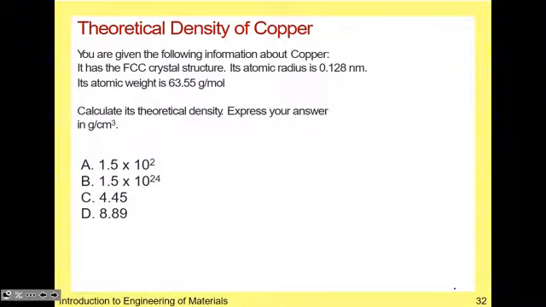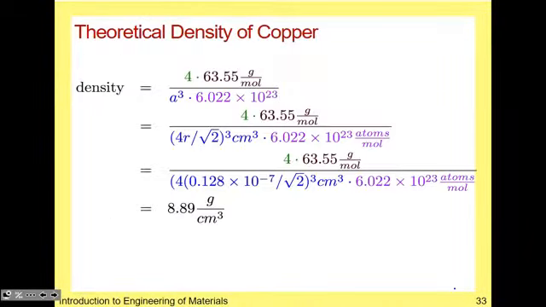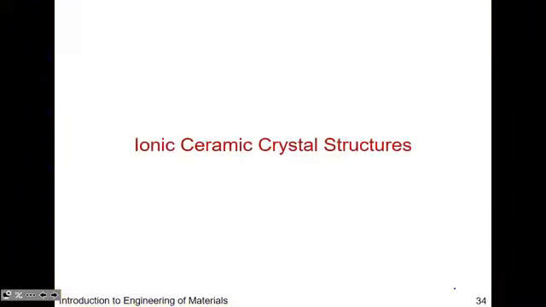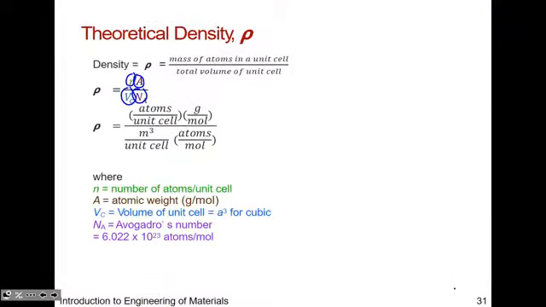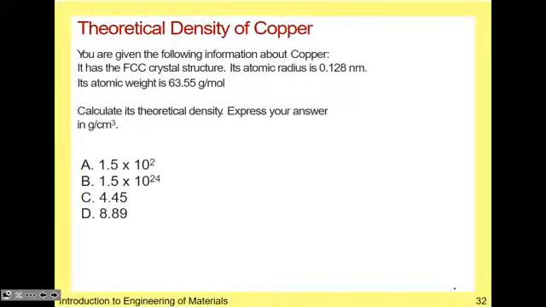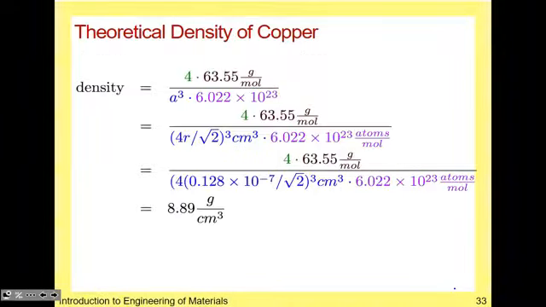Okay, in the interest of time, I will post this answer for you to practice, but it goes through the rigorous exercise of how to calculate the theoretical density of copper. If you plug in the values here that I've just gone over for copper, you can see copper is FCC, so there's 4 atoms per unit cell.